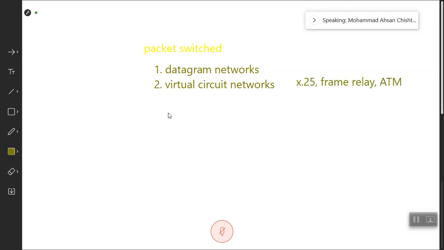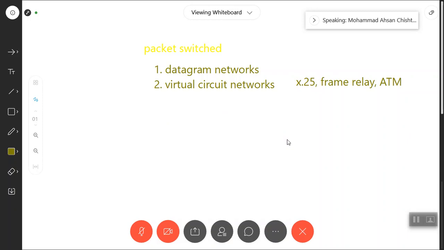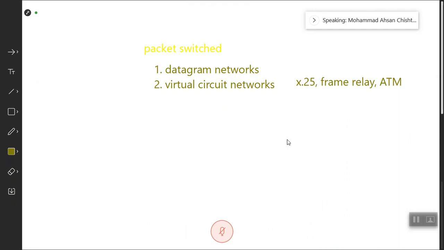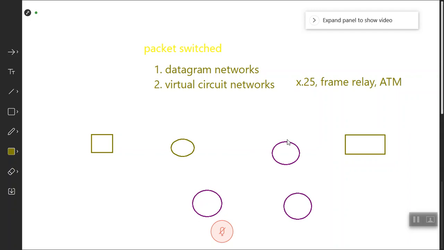I'll draw a figure to understand this virtual circuit. I have the sender and the destination, and in between I would have some routers, each connected to each other using links.